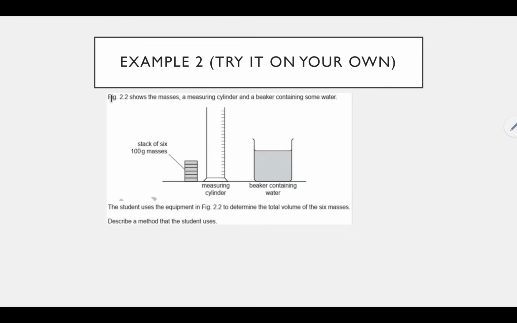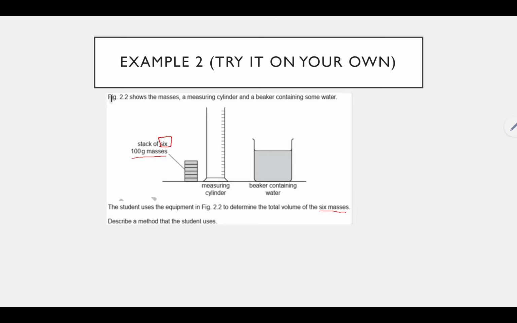Here's another example. A student has 6 100-gram masses, and they have a measuring cylinder and a beaker containing water. The student uses the equipment to determine the total volume of the 6 masses.